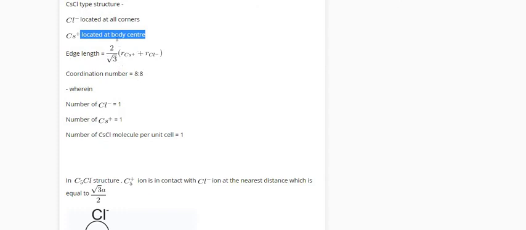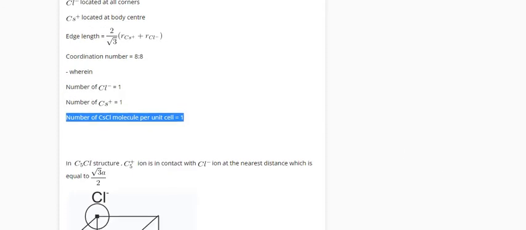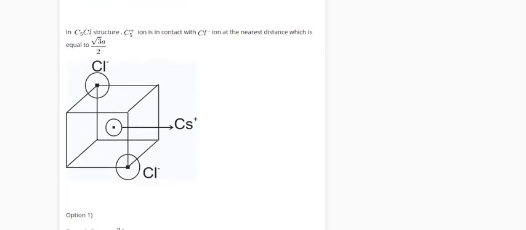And the edge length is given by this formula, 2 by root 3 times (radius of cesium plus radius of Cl-). The coordination number will be 8:8, whereas the number of Cl is 1 and cesium is 1. So the number of cesium chloride molecules per unit cell will become 1. And if you wanted to see this structure, the cesium chloride structure looks like this.